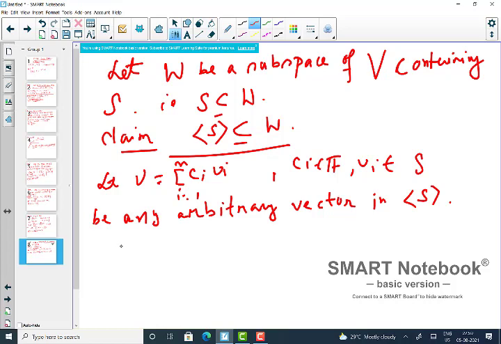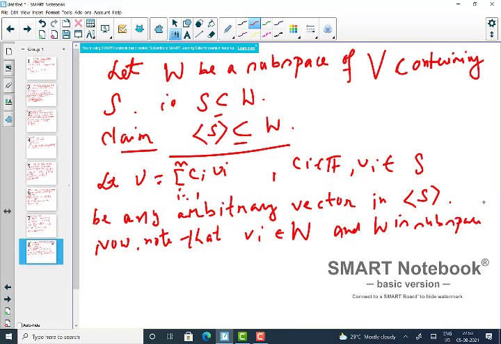Now you see that because S is inside W, note that these v_i's are elements inside W, right? Because v_i's are elements of S and S is inside W, so v_i's are also inside W, and W is a subspace.